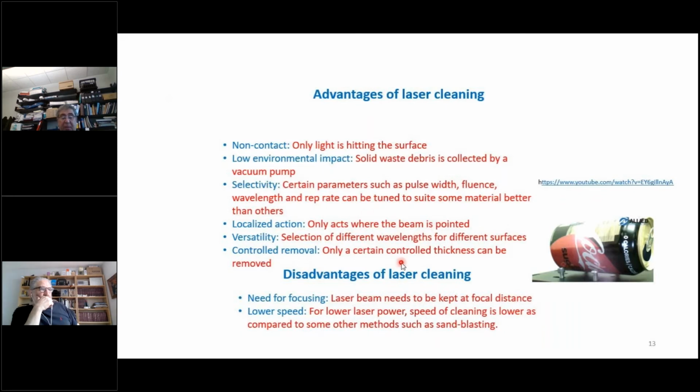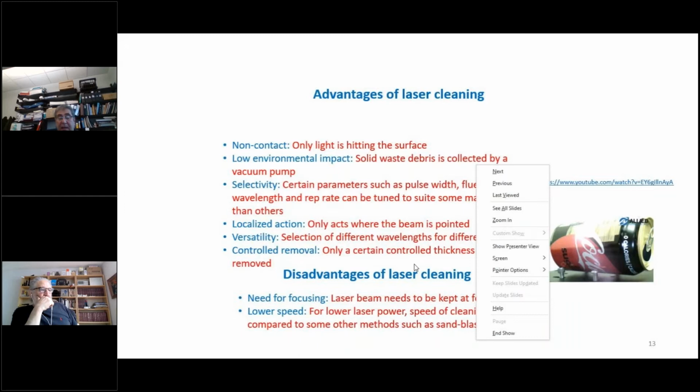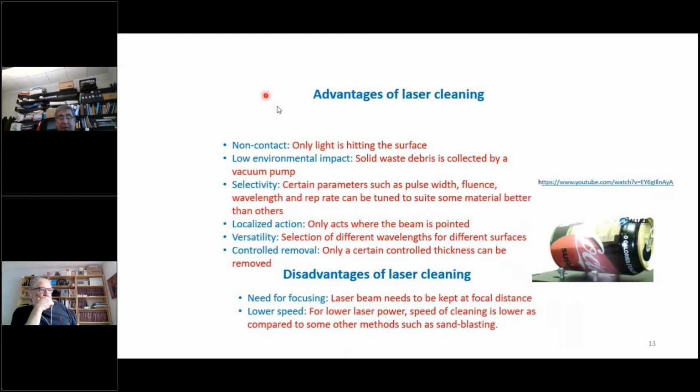Parameters such as pulse width, fluence, wavelength, and rep rate can be tuned to suit some materials better than others. For example, if you have different layers of paint of different colors on a metal surface, you can tune the fluence of the beam, which is energy per unit area, so that it would remove one color and not remove the other color.